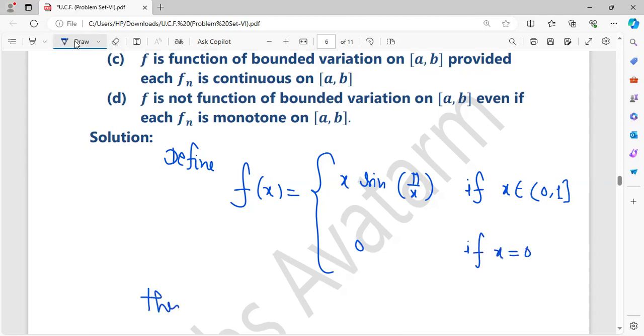Then f is continuous on the closed interval [0, 1].